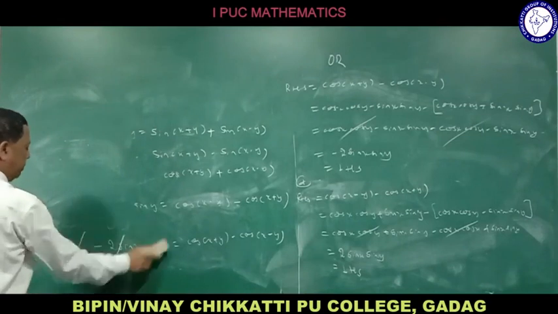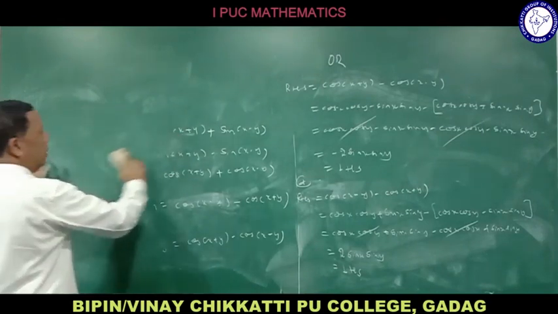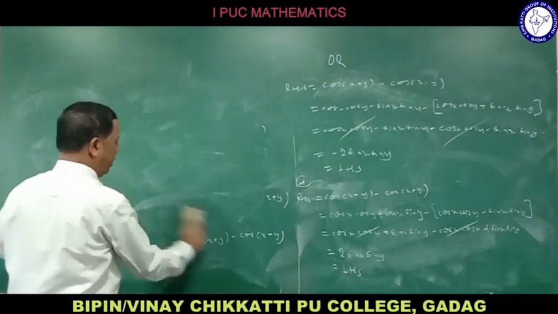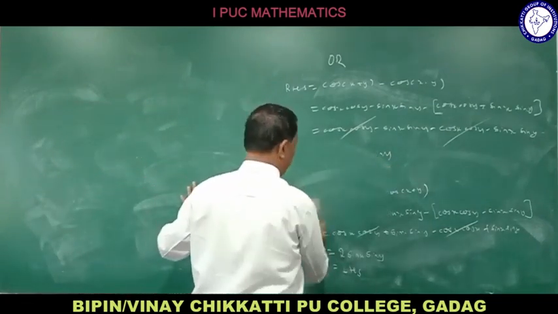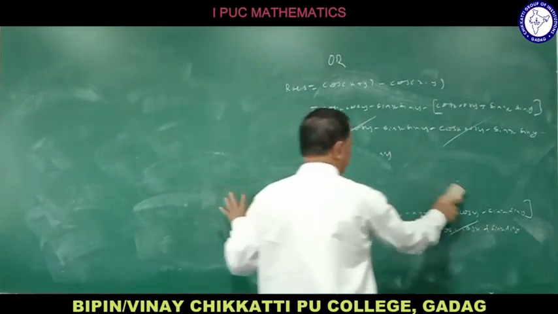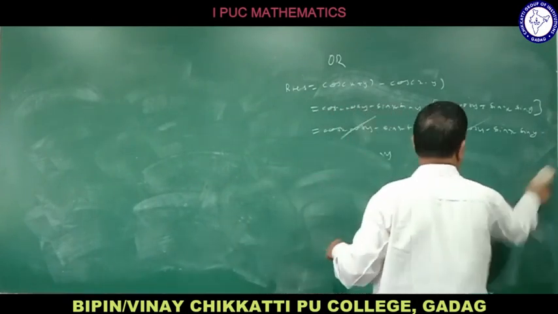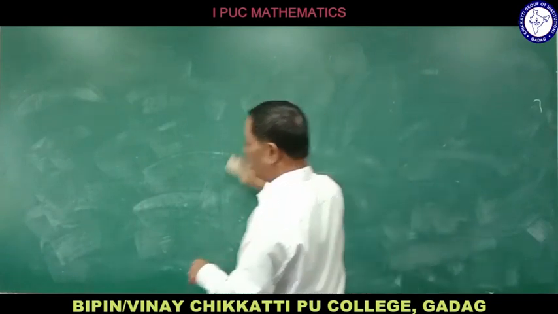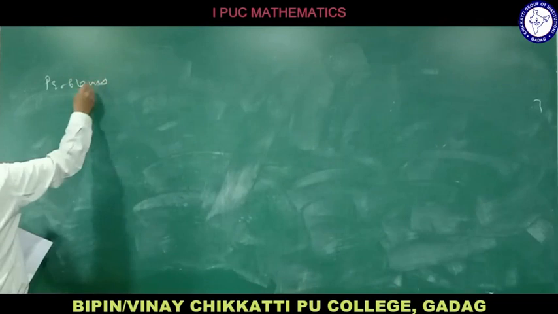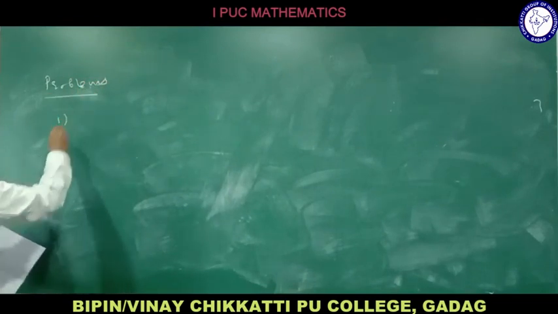Today possibly I try to complete the problems. But you have to be thorough with the formulae, then only you can do the problems here. So I have to see the problems, and that too number 1.